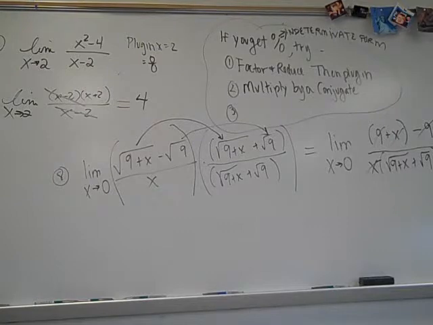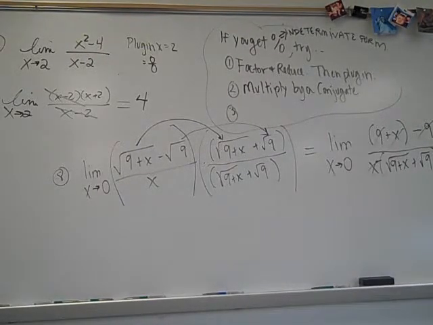So I have the limit as x approaches 0 of 1 over that, which you think is going to give you a problem, but it's a plus now, not a minus. So now plug in. If you plug in 0, I just have square root of 9 plus the square root of 9. So 3 plus 3, 6 on the bottom, 1 on the top. That is the answer.